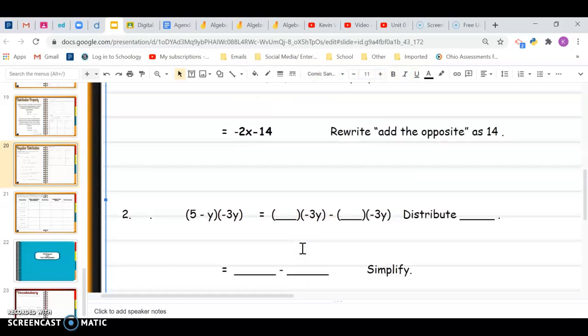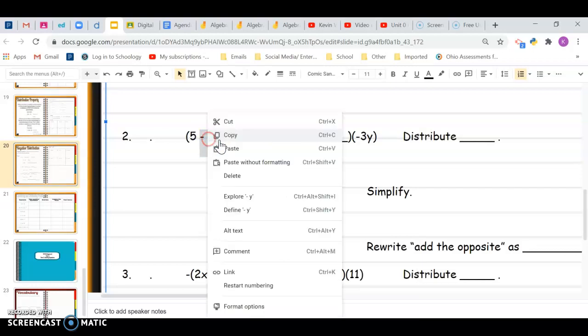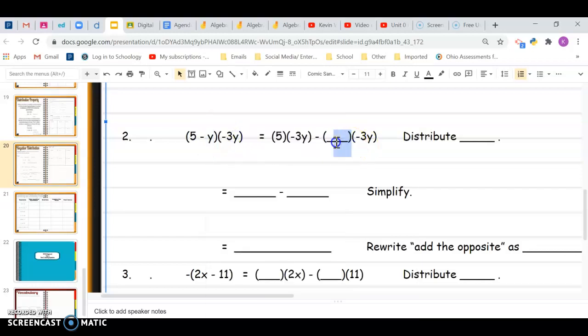Let's take a look at our next two. All right, this time we got the distributed part on the right side. We're going to make sure that we keep up with this. So this time, we got 5 minus y times negative 3y. So when we do this, we want to make sure that we put the 5 here. And we want to make sure that we put our negative y here. Actually, we don't have to put the negative part in.